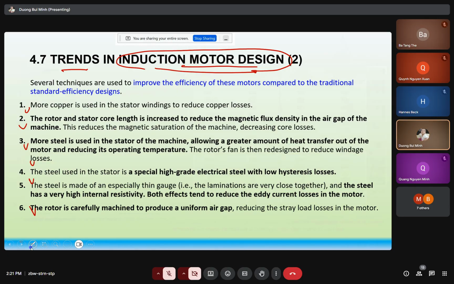For example, here we need more copper in use in the stator winding to reduce the copper losses. The rotor and stator core length is increased to reduce the magnetic flux density in the air gap of the machine.